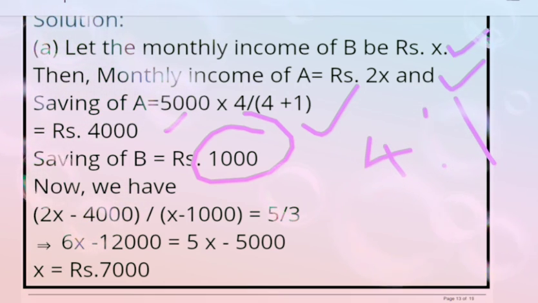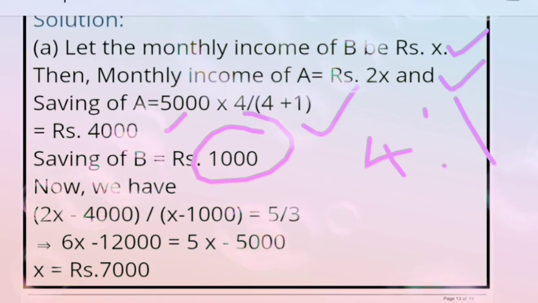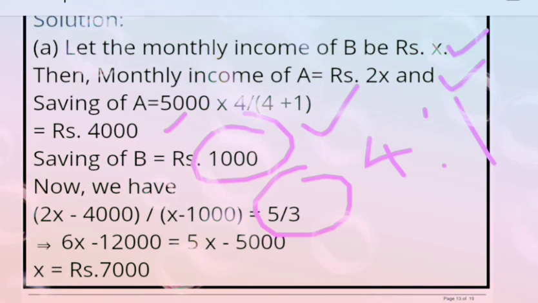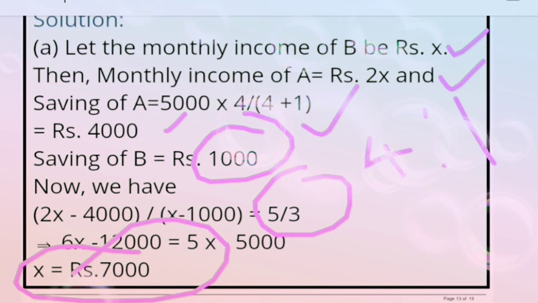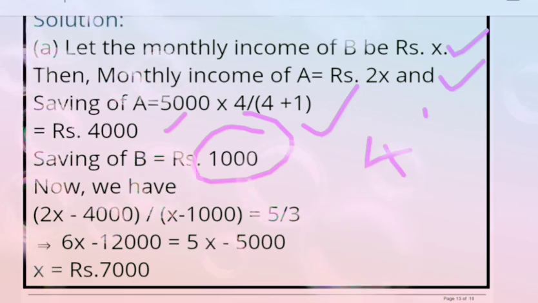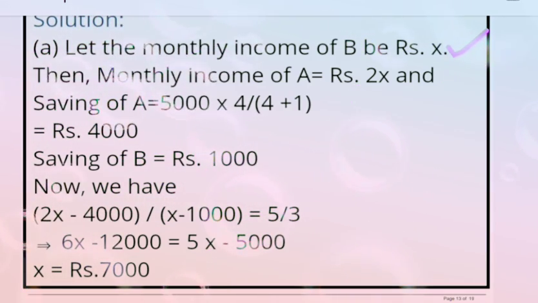Now we have (2x minus 4,000) divided by (x minus 1,000) equal to 5/3, which is the income basis. After solving this, we get x equal to 7,000. So the income of B is 7,000. Now come to the next question here.